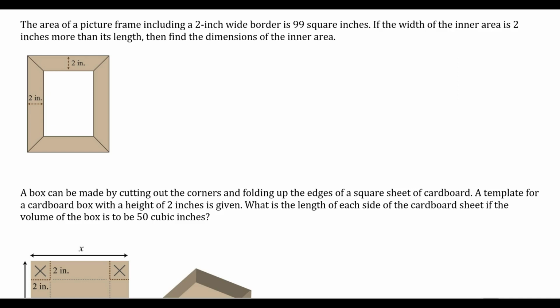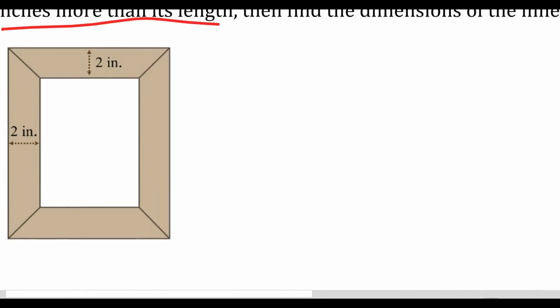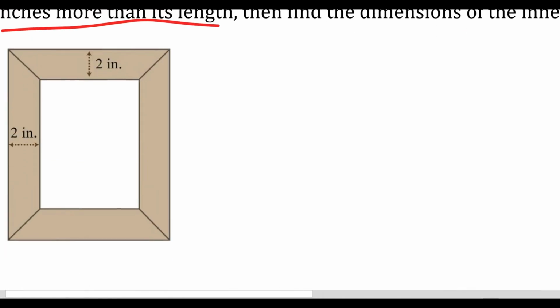If the width of the inner area is 2 inches more than the length, let's blow this up for people to see. The width is 2 inches more than its length. So the length is x, and the width is 2 inches more than its length.